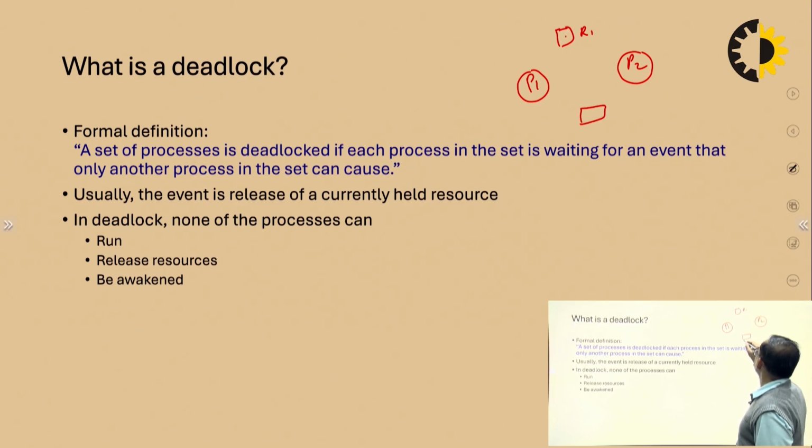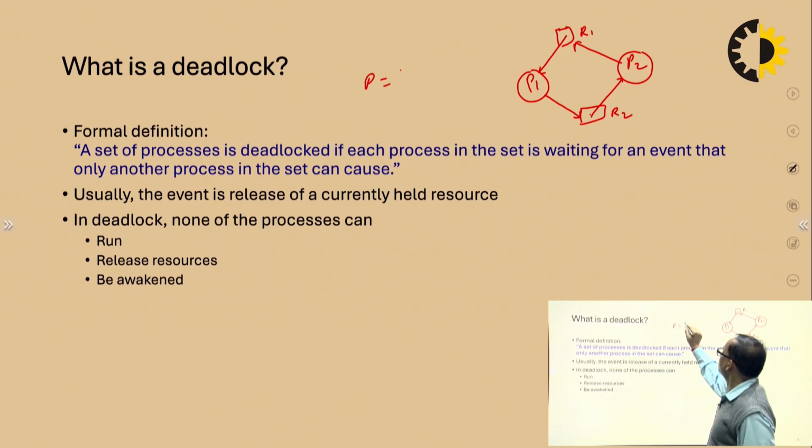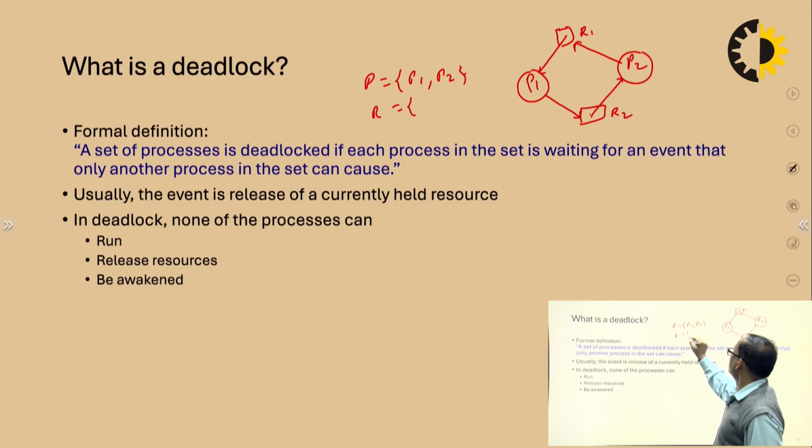The second resource is R2 and it also has a single instance. R1 is allocated to P1 and P1 is waiting for R2. R2 is allocated to P2 and P2 is waiting for R1. So in this case, there is a set of 2 processes, P1 and P2, and a set of resources of 2 resource types, R1 and R2.